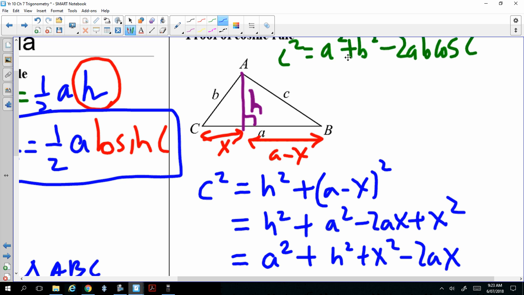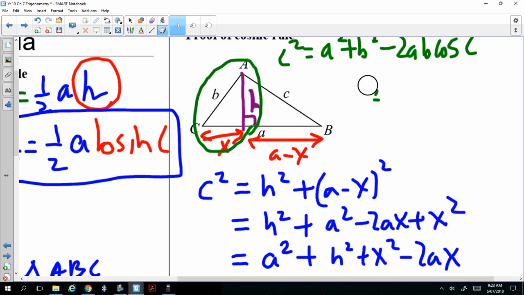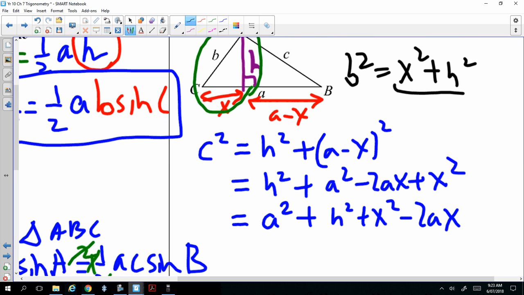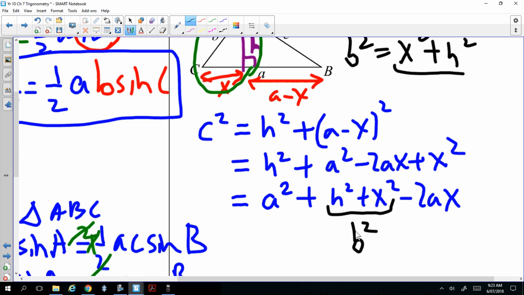And to do that, we're going to use this triangle. Let's do Pythagoras theorem on that. B squared equals, let's write it in black pen, b squared equal to x squared plus h squared. And that's already here. That's your b squared. So I could insert b squared in this space. Right? Minus 2a. Now how do I get rid of the x?